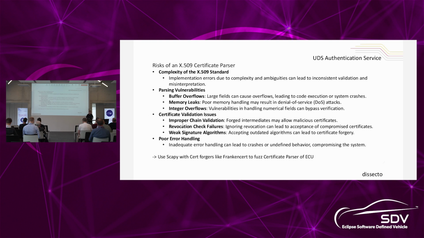Now we have the problem that we have complicated certificate parsers inside the ECU. And the problem with certificate parsers is they are way more complicated than seed-key algorithms, so they need to parse correctly. So we have buffer overflows, memory leaks, integer overflows in a parser.